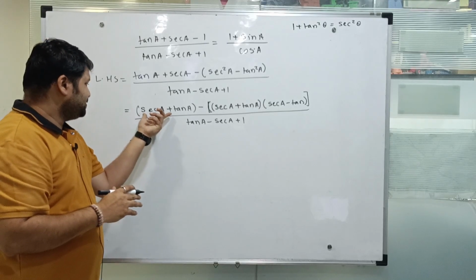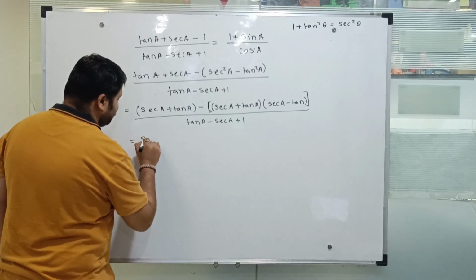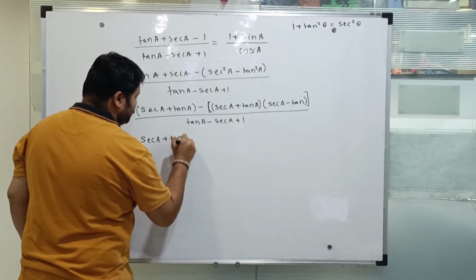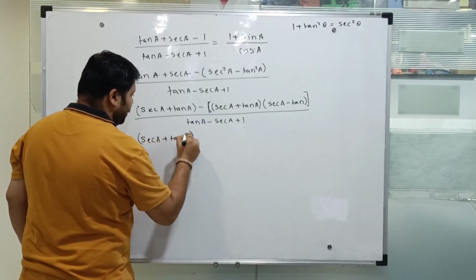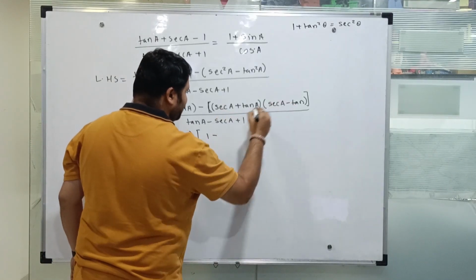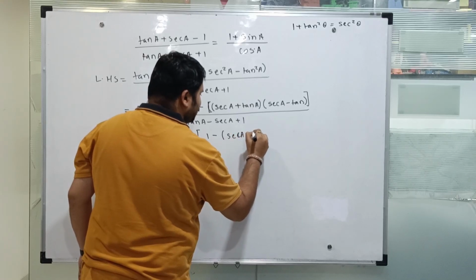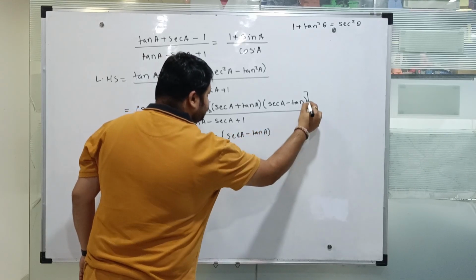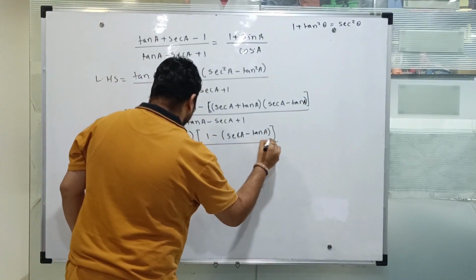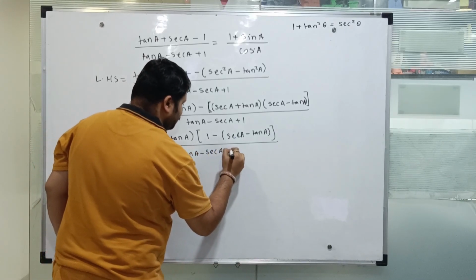So I have sec A plus tan A common in both of them, so I can write sec A plus tan A outside, and in the bracket, from this bracket I'll have only 1, and from this bracket I'll have minus sec A minus tan A. The whole thing divided by tan A minus sec A plus 1.